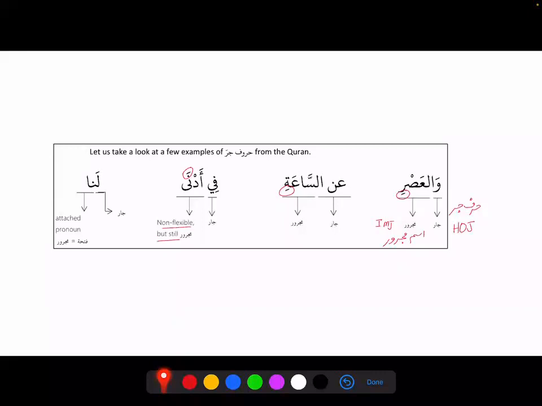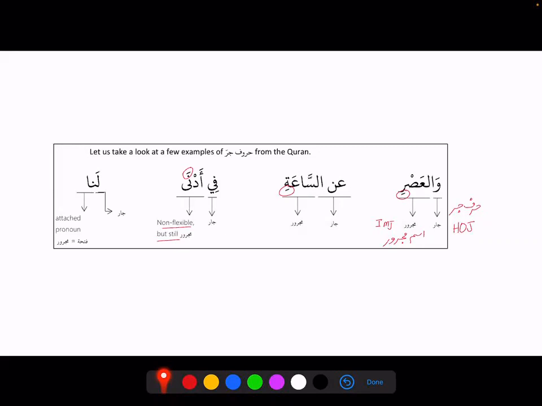And now very interesting over here is fi adna. Now you're going to see, oh, this adna is not in jar in status. But remember, we learned something being non-flexible, right? Do you remember? So there might be some ism after this Harf-Jar which is non-flexible.